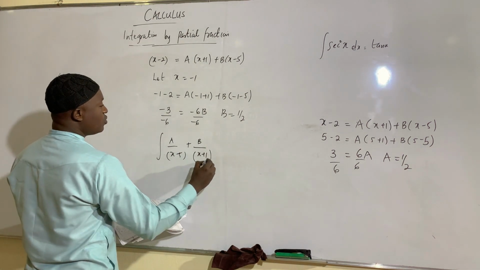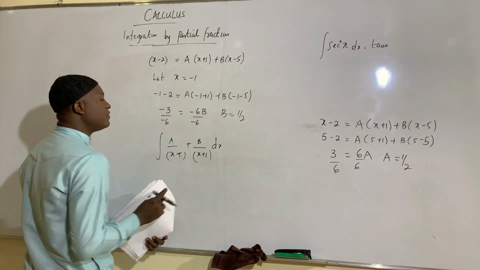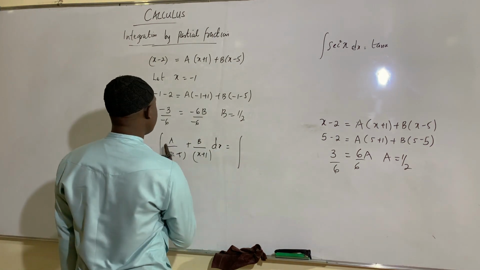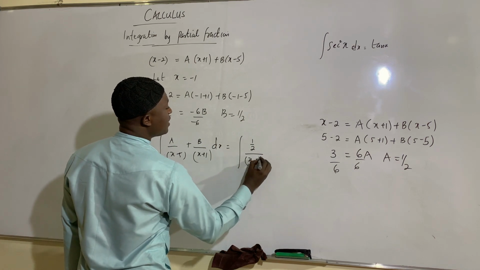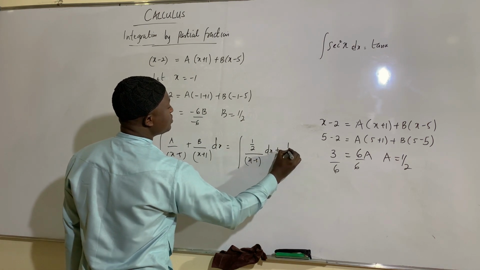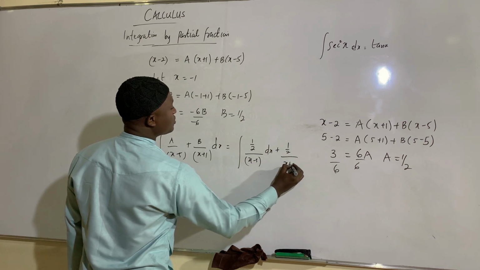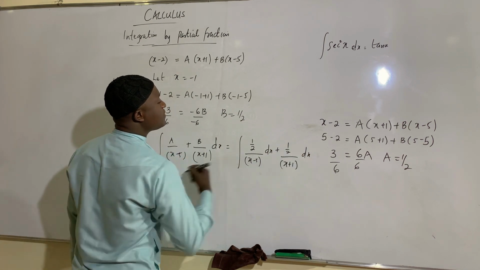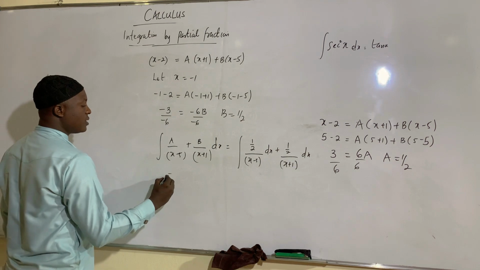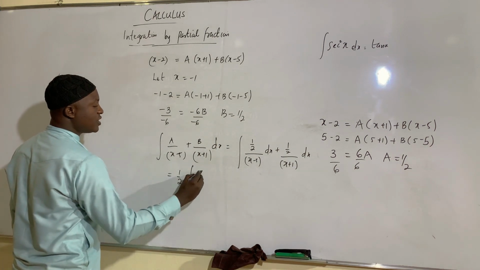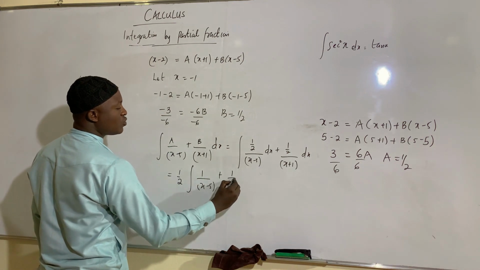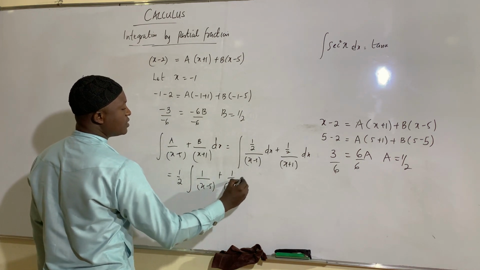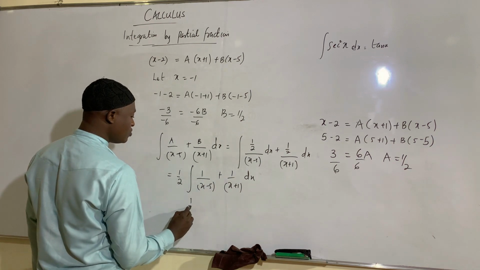Now that we have obtained A and B, if I substitute the values, we have the integral of half over x minus 5 dx plus half over x plus 1 dx. Half is common, so I can factor it out. That means we have 1 over 2 times the integral of 1 over x minus 5 plus 1 over x plus 1 dx.